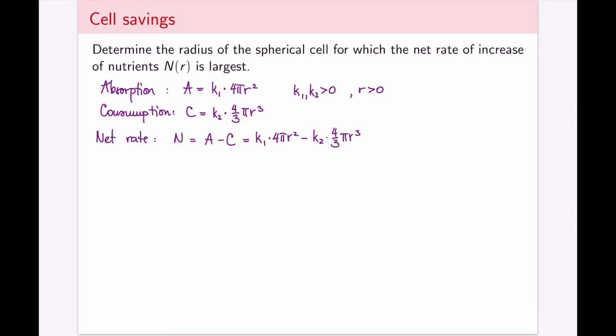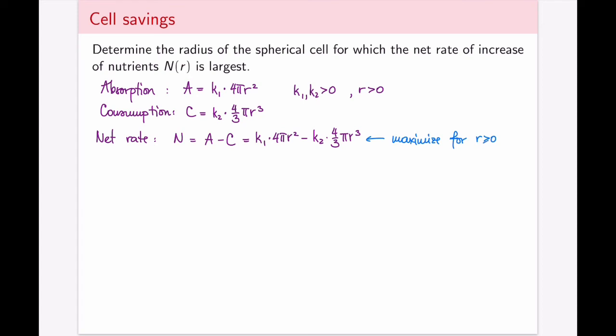And this is what we are trying to minimize or maximize. We're trying to optimize. So now let's see what the question actually says. Find when the net rate is the largest. So in this case, we would like to maximize this for r greater than or equal to 0.